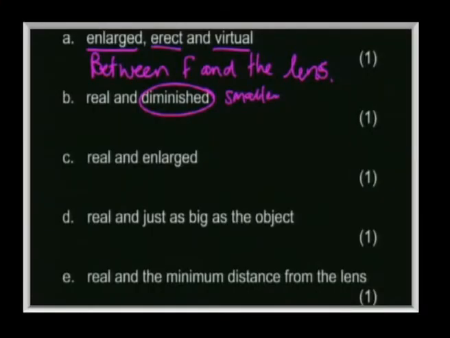So I might have a big object over here and a small image, and as I bring them closer together to the lens, my image will move away and it will get larger as my object gets closer over here. All right, so if I want it to be real and diminished, I will have it beyond 2F, or beyond twice my focal length.